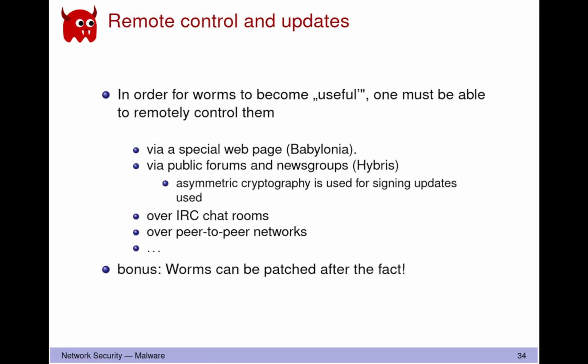So what you can do is either to have special web pages where the bots periodically look up what their command is, or public forums, news groups, some chat rooms, peer-to-peer networks again. The idea is that the bots look up some kind of data at some centralized point, and the attacker drops the information there.